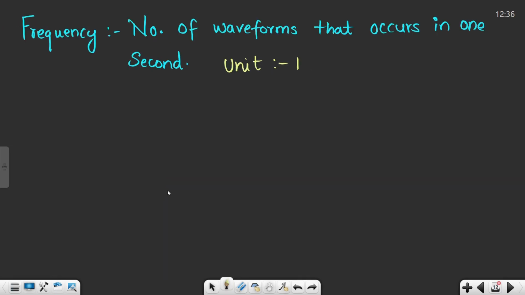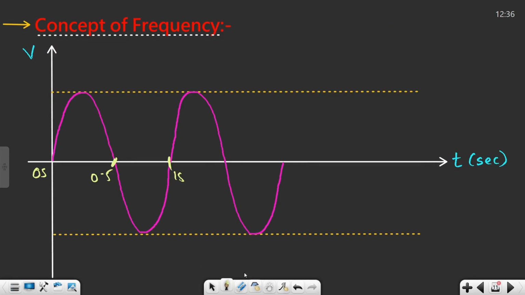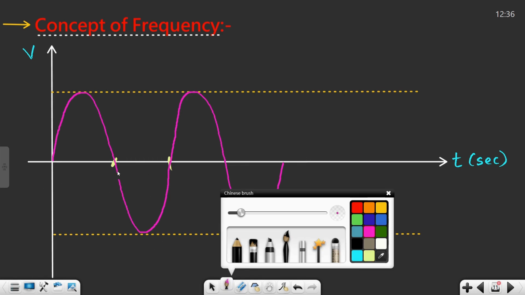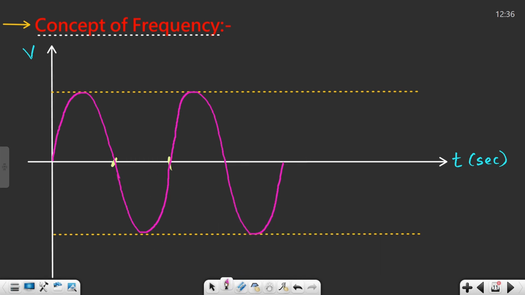Okay, sorry. Now let's say, I'll just erase this particular point. Let me erase this as well. Let's say if I consider this as 1 second, and this as 0 second.